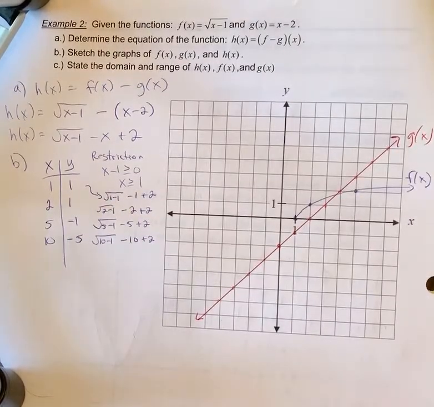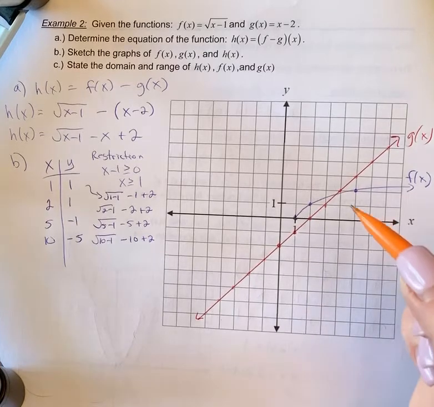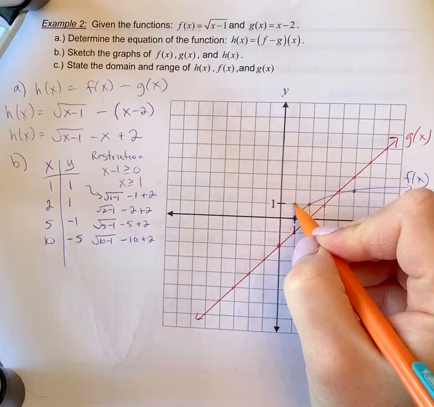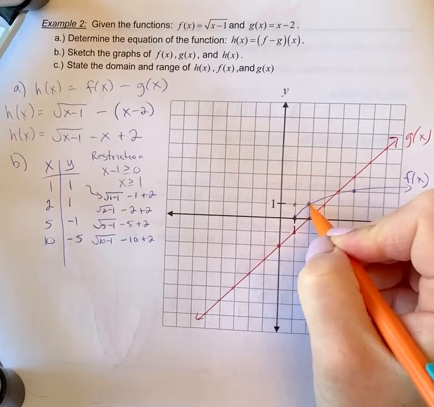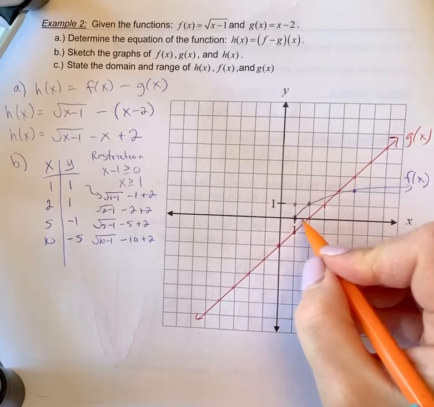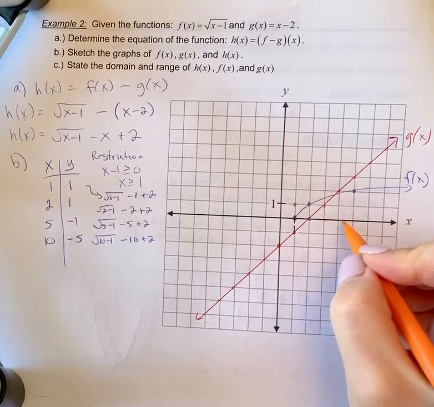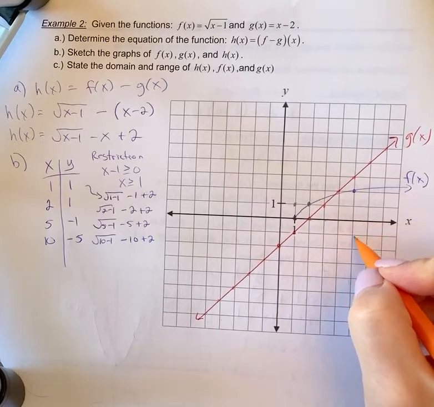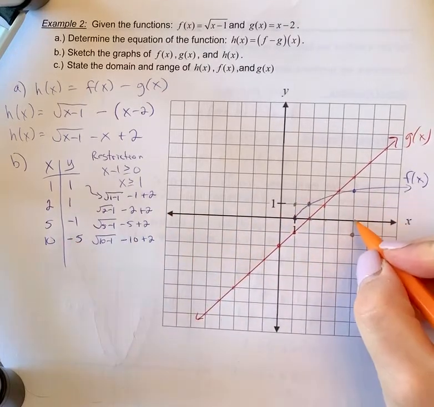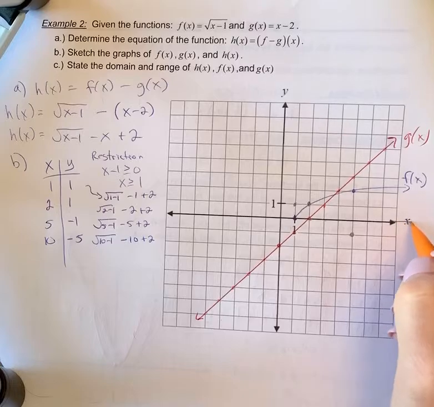So let's plot those points. Use a pencil here just so it looks different. So you're going to have 1 and 1. You're going to have 2 and 1. Then you're going to have 5 and -1. And I think it's important to still plot this point. So we're going to just extend this as best we can here.